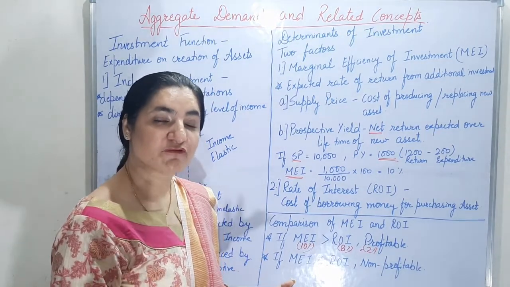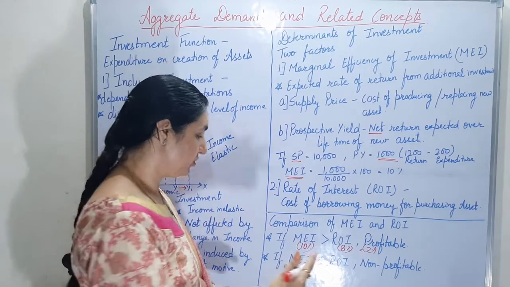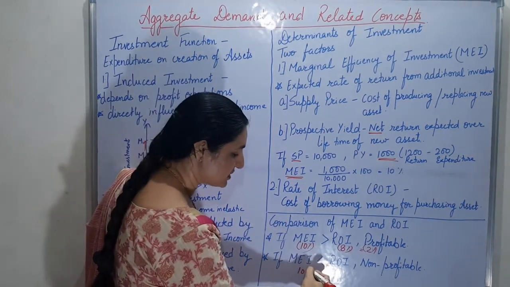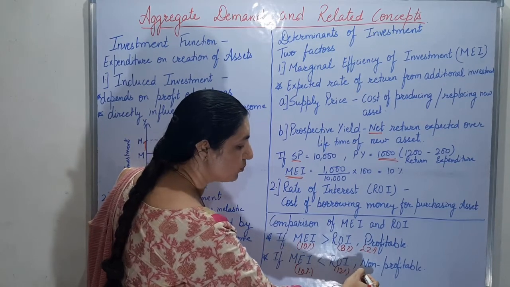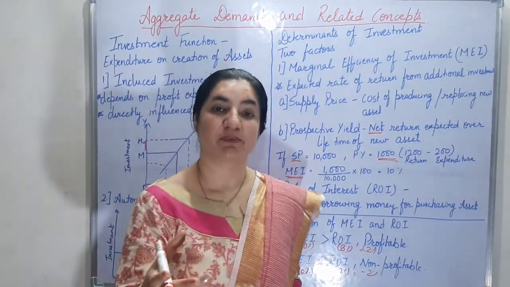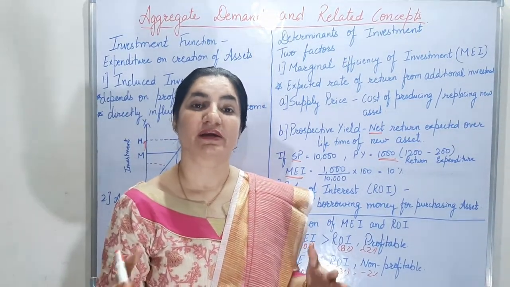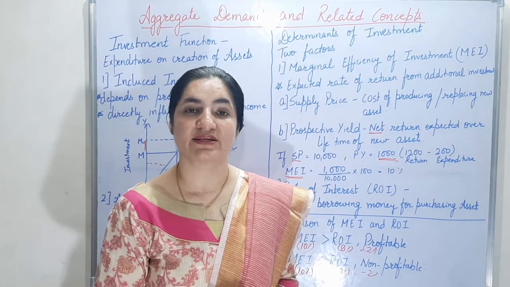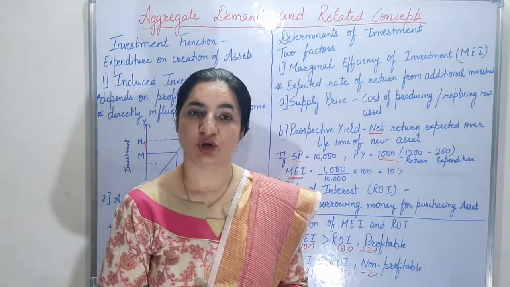So we can have future prospects with this 2%. But if MEI is 10% and rate of interest is 12%, then this minus 2% amount which we will be required to pay from our pocket will create losses in the organization. So we should not go for it as it is non-profitable.